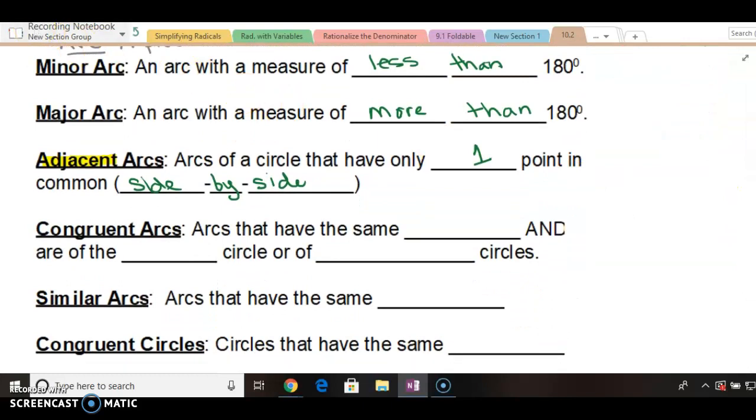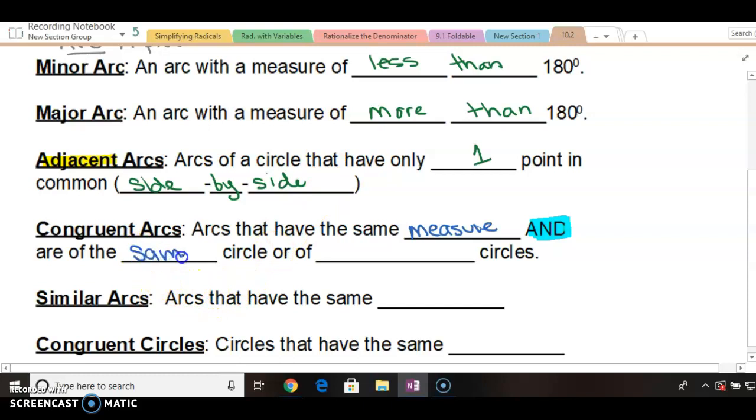All right, congruent arcs. Congruent arcs are arcs that have the same measure and are of the same circle or of congruent circles.